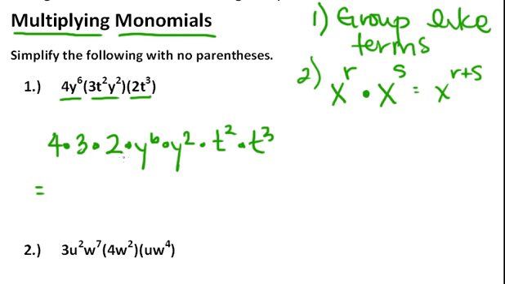And so 4 times 3 times 2 is 24. Y, when you are multiplying two terms, like here, you take the new power to be the sum of those two powers. And so here it should be y to the 6th plus 2, which is y to the 8th, t to the 5th. And that's the answer for number 1.